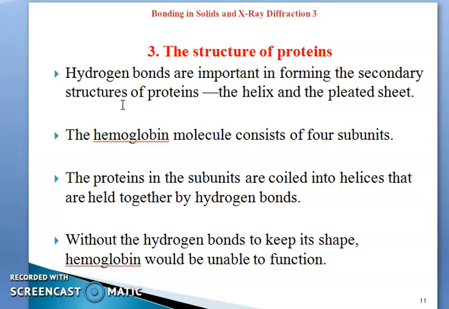There is a massive problem for life on the earth. Similarly, the structure of proteins and DNA also. So these are the various reasons. These are the various benefits of hydrogen bonding in our day-to-day life.